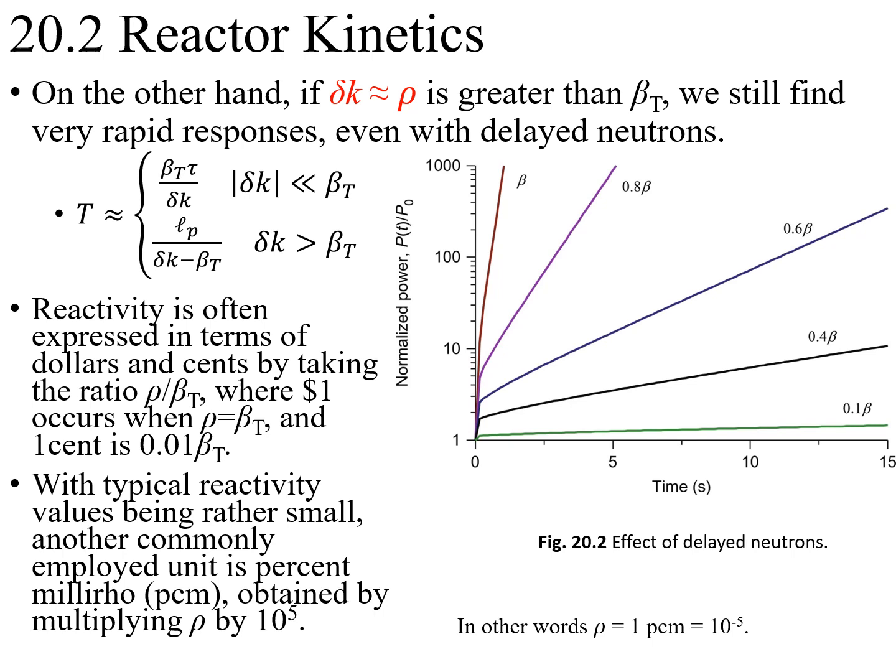So 1 PCM is equal to 10 to the negative 5 reactivity. Because the reactivity is normally a small value, therefore we artificially define this small value to describe this reactivity.